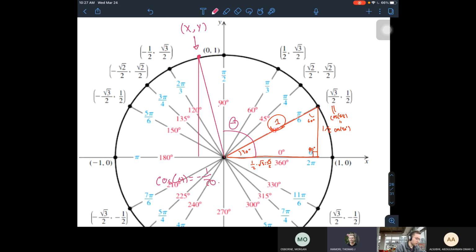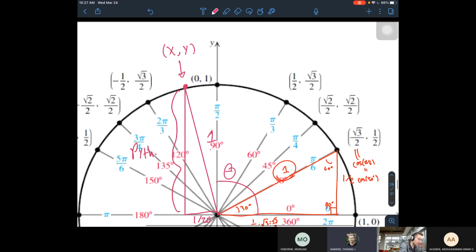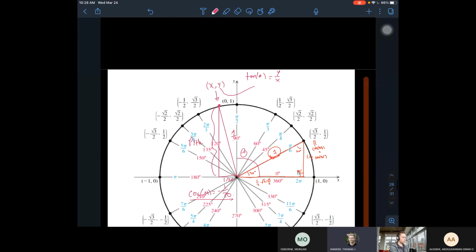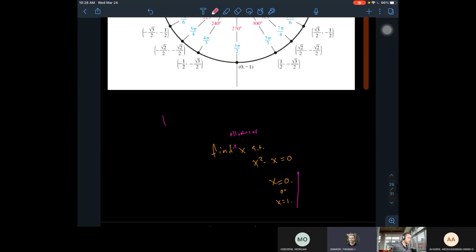What you need in order to help you with that problem is the fact that this side length is a radius, so it's 1, and this is the cosine of theta, so I know that the side length here is 1/20, and so I need to figure out this side length using the Pythagorean theorem, and then you can tell me what the point is. If I then ask you what is the tangent of theta, you'd know that it would be equal to y/x. That's the problem we just did. So that's pretty much how that works.